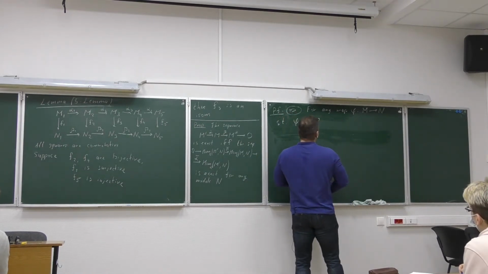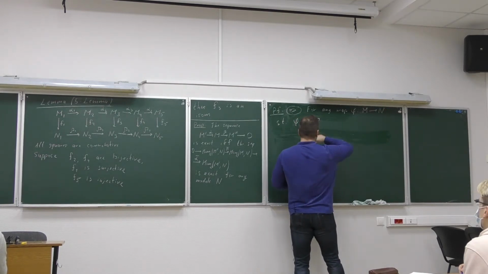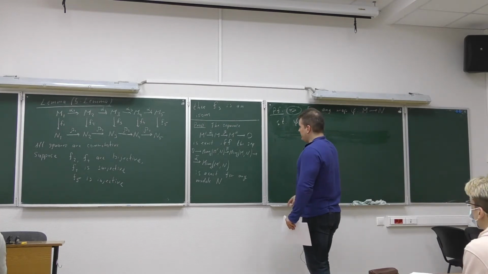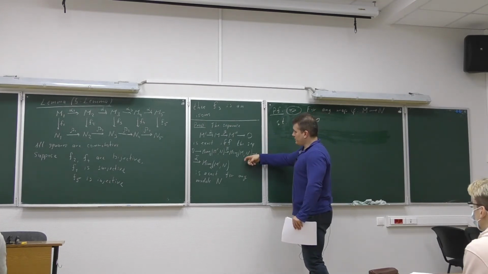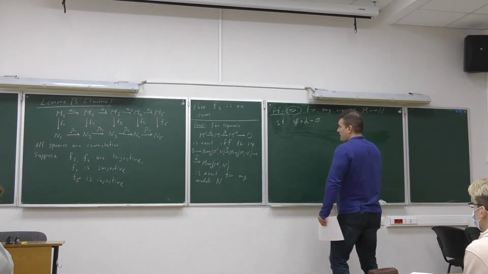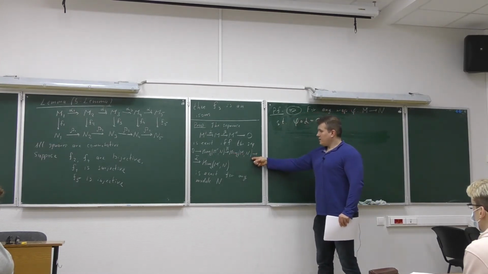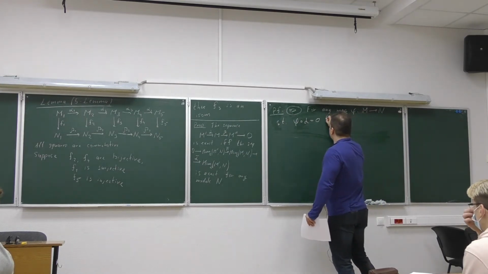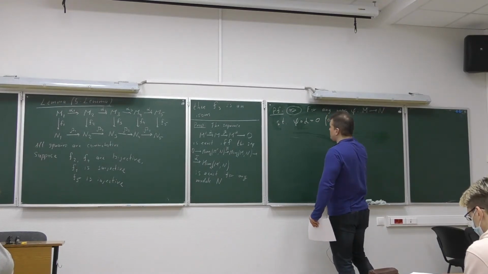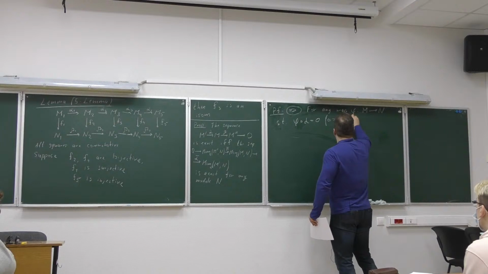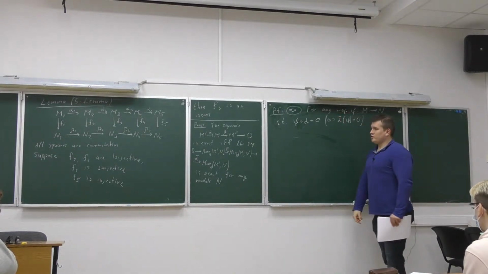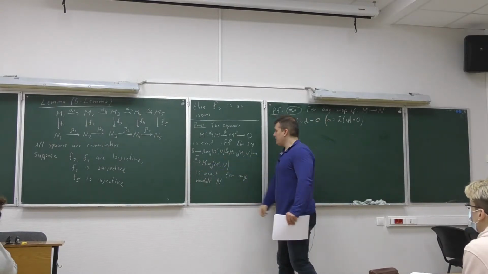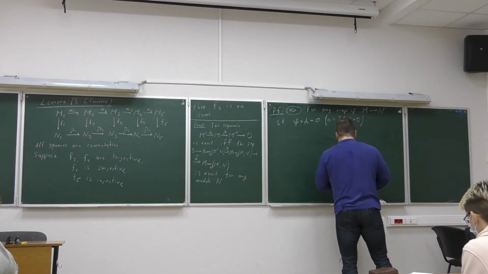I assume the exactness of the first sequence, and I need to show the exactness of the second sequence. So I take some element phi in the middle, and this condition is exactly the same as saying that if I apply alpha bar to phi, I'll get 0. So I take a map, and I suppose that this map is in the kernel of alpha bar. I want to show that it's actually in the image of beta bar.